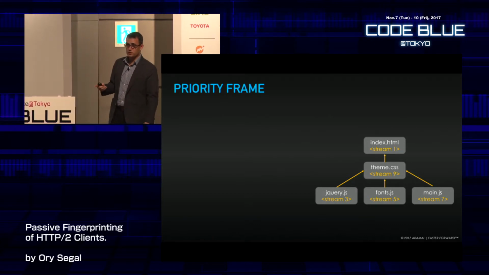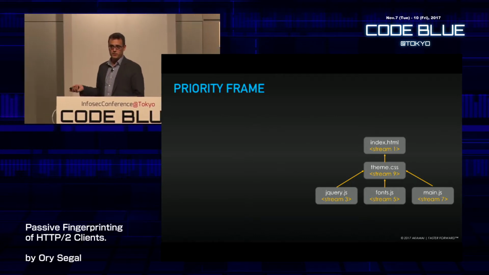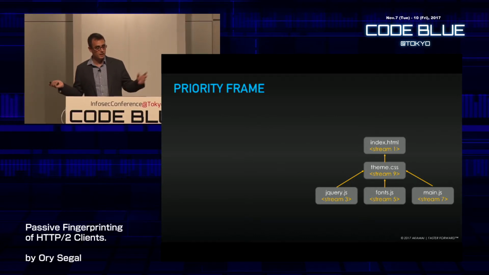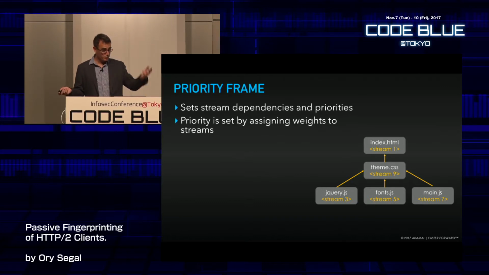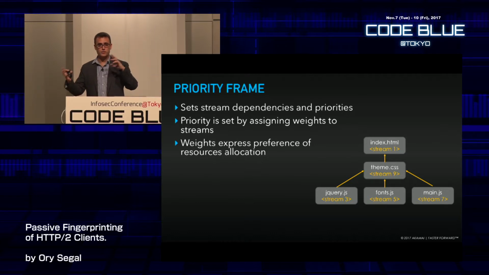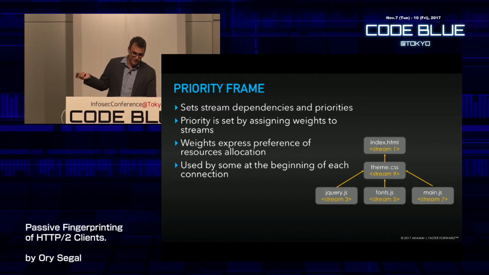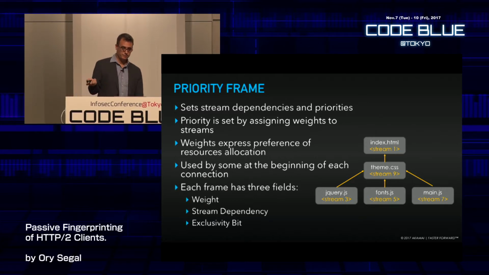That's a very cool feature, by the way, that sadly, at the moment, I believe only Firefox actually uses. However, it exists. So we set the stream dependency and the priority, and we assign weights, so who is more important than who. It's defined in the beginning of the connection, which is good for us for fingerprinting again.